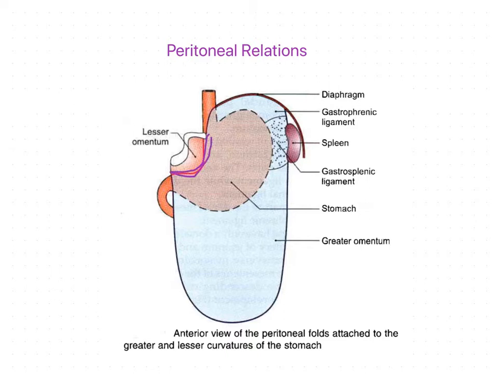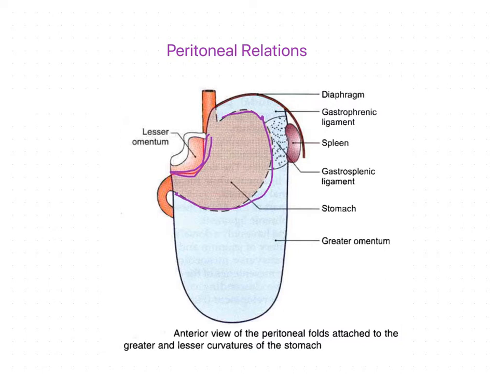Along the greater curvature of the stomach, you have the other peritoneal relation, that is the greater omentum. That means the two layers, the parietal and visceral layers, meet in the form of the greater omentum, whereas at the lesser curvature they meet as the lesser omentum.